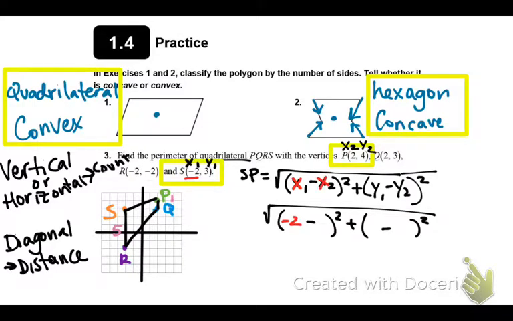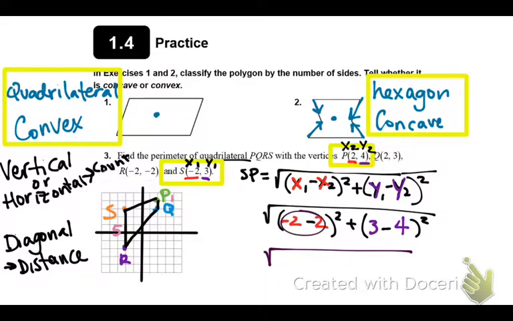And my second x? +2. Good. My first y? 3. And then my second y? 4. So again, what matters is that the front of the parentheses should be from the same coordinate. So -2, 3 came from the coordinate S, and then 2, 4 came from coordinate P.